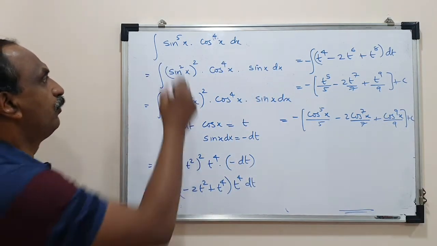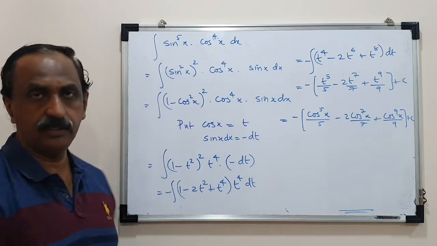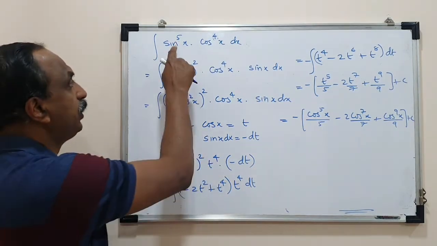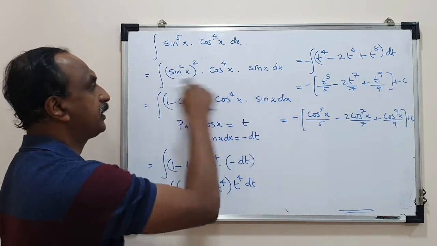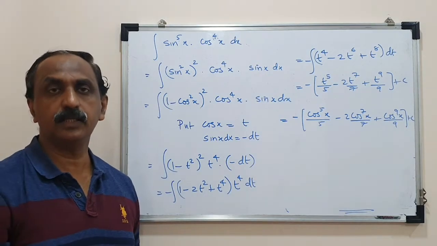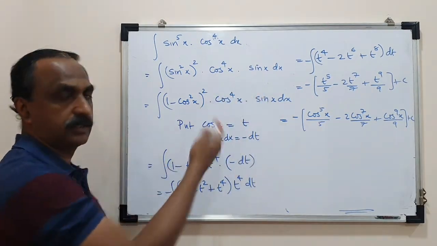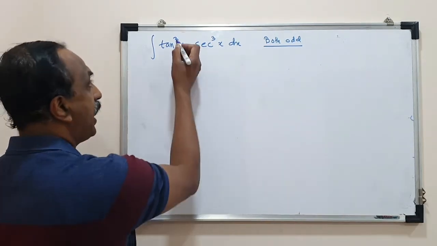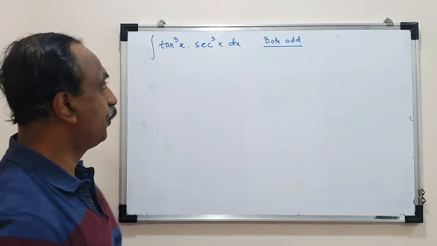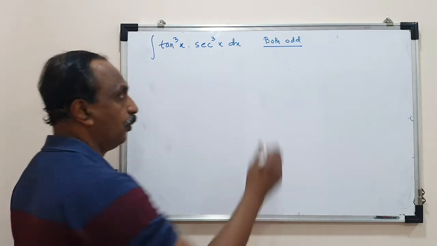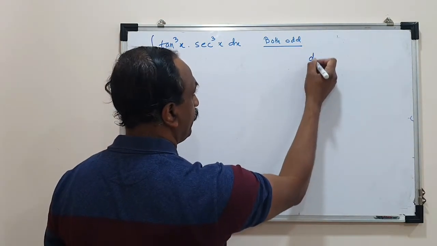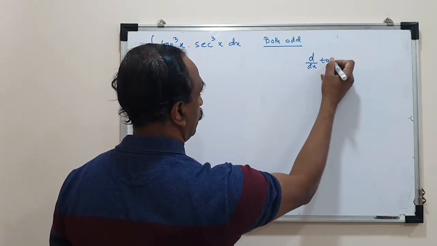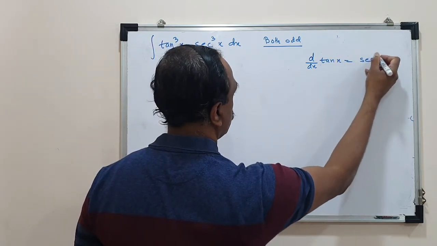This is how, when one is odd and one is even, we can apply the method by splitting the odd one as a dt part, and the remaining should be the function of the derivative of that. In this case, tan and sec are both present and the odd powers are there. So we may think of two ways. One is, you may think of the derivative of tan x is sec square x.